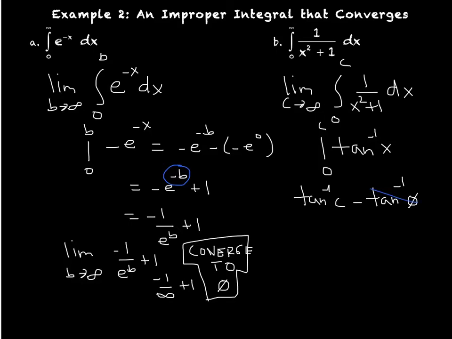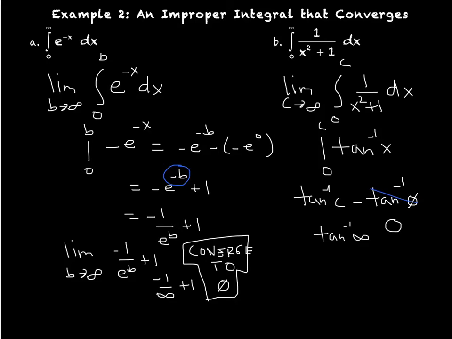So that's something that you need to make sure you understand, why that is 0. I'm assuming that you know that. And then the inverse tangent of, well, you got to plug infinity in for c, so essentially we're looking for the inverse tangent of infinity.